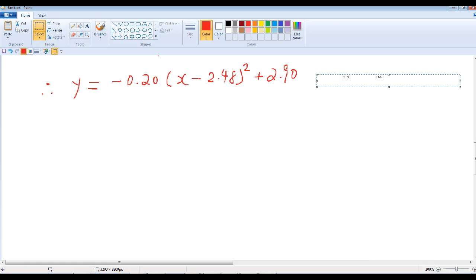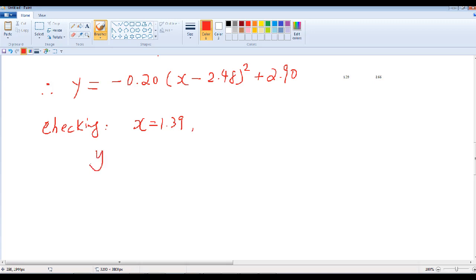Let's do some tracking. So x is 1.39. We need to check whether y is close enough to 2.66. Let's use the calculator to track how large this value is.